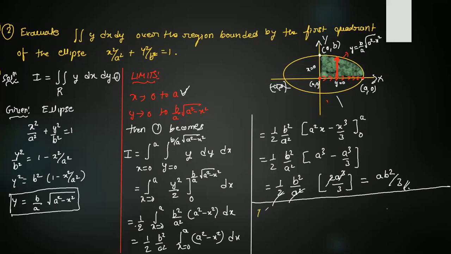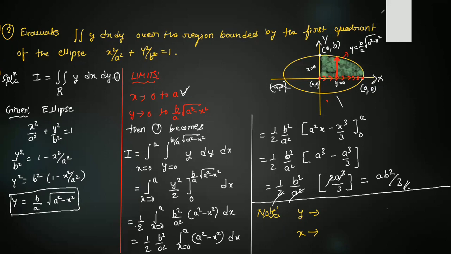Okay, note. So I want you to do it the other way around. First y as independent, then x. Okay, who will tell me? Now you tell me the other way around. y from 0 to b, sir.